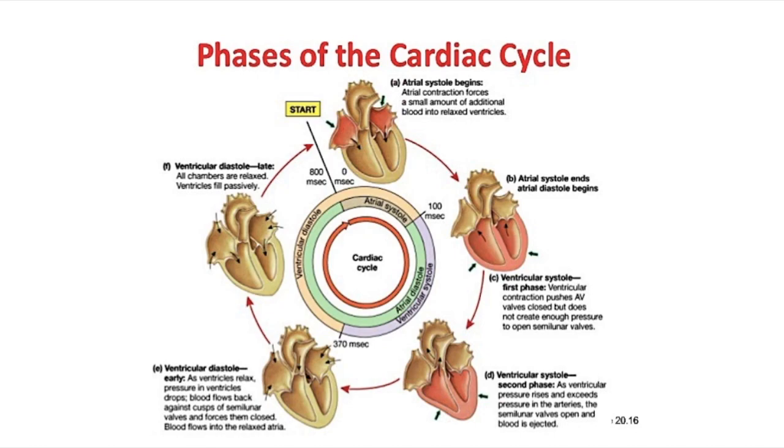First, the pulmonary and aortic valves close, then the atrioventricular valves open, and the cycle begins again. And a very important thing is that this sequence of opening and closing valves ensures that the blood flows in only one direction.